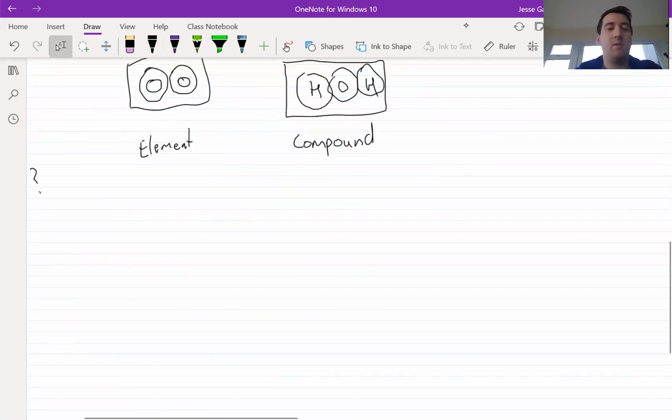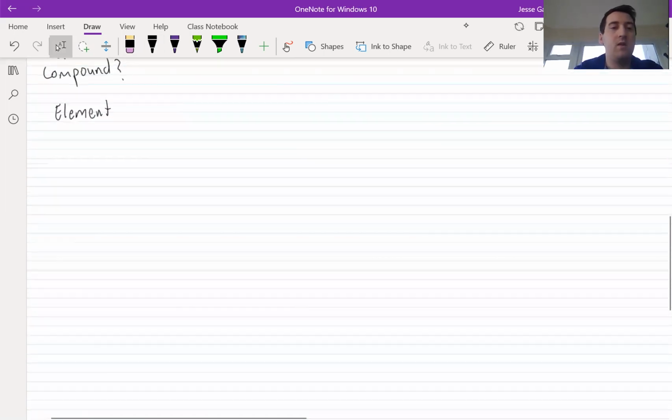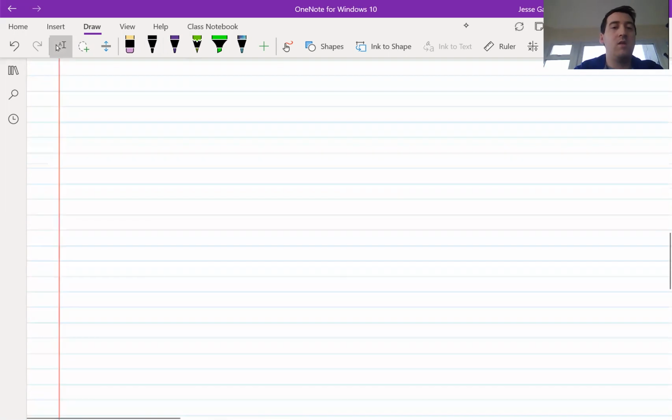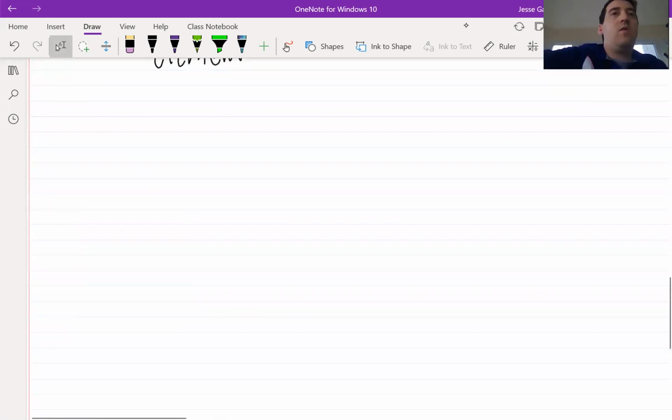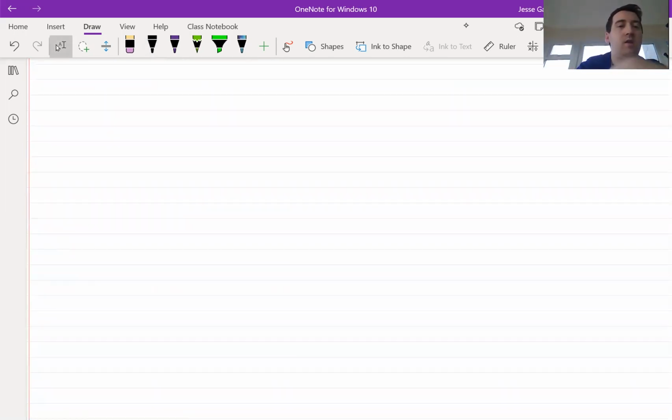I'm going to make this a little bit more complicated now. All right. So remember that we talked about this guy here a few minutes ago. This here is an oxygen atom chemically joined with 2 hydrogen atoms.